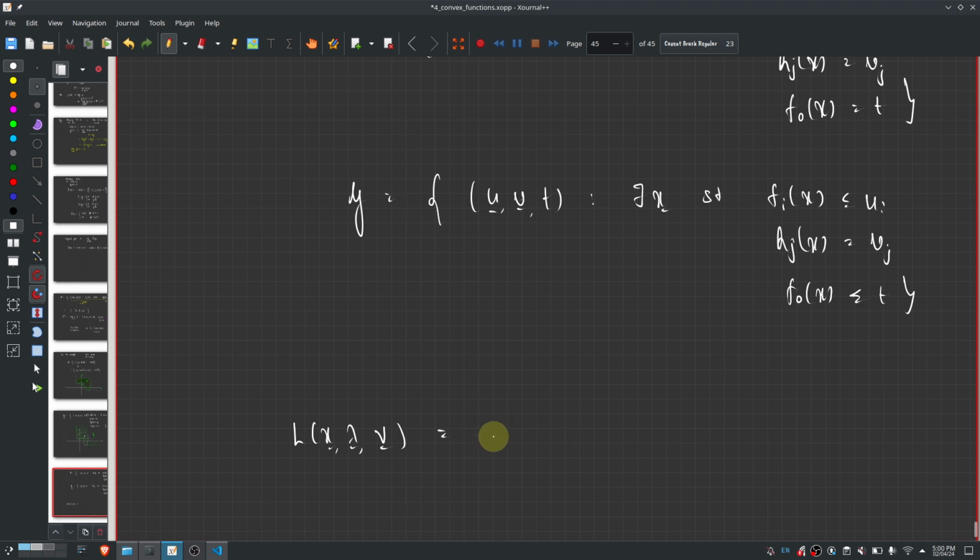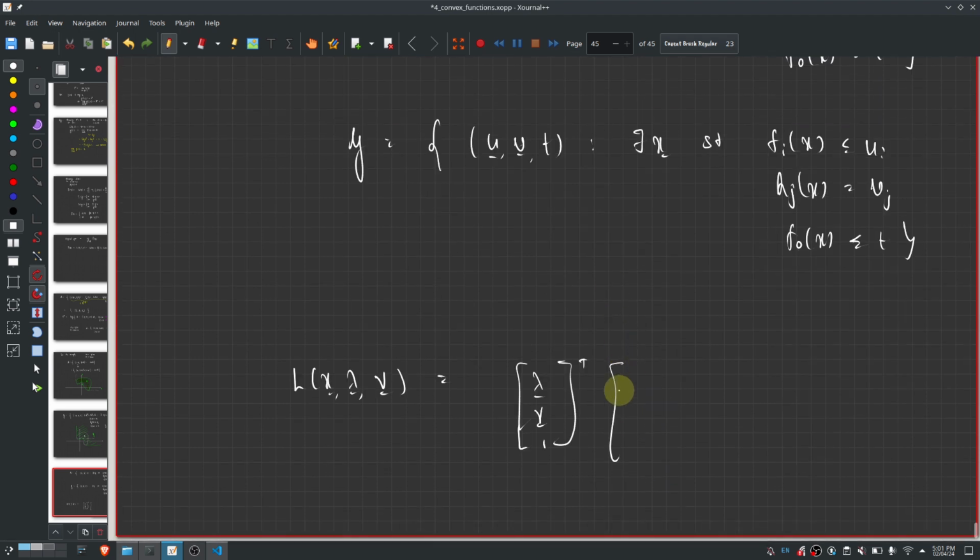You can just take the inner product of the vector lambda, nu, 1 transpose with some particular point u, v, t.